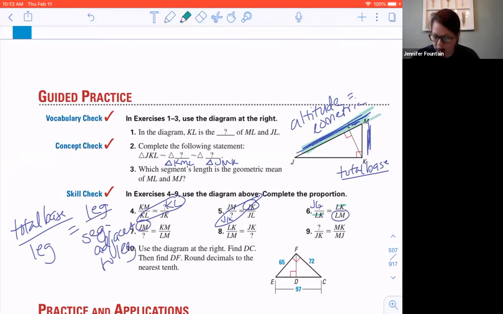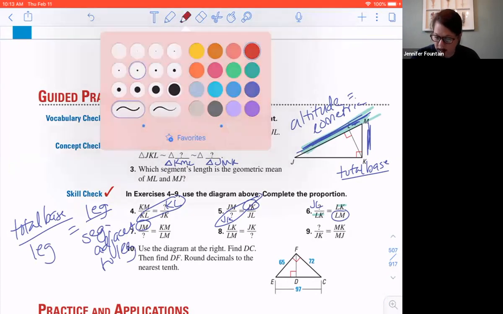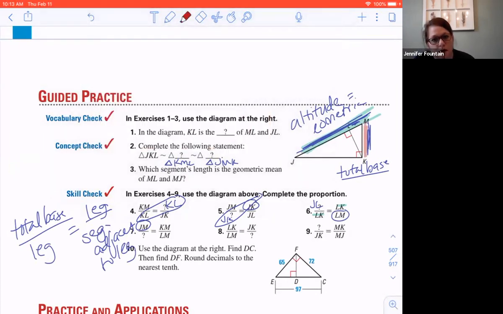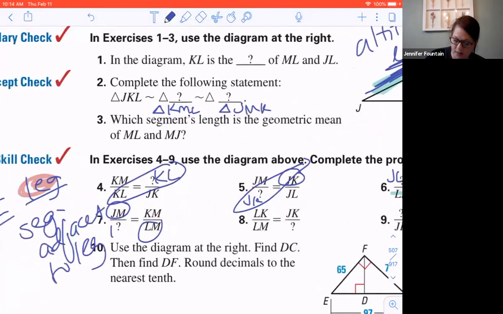And my total base, then the denominator is going to be my leg. And that's going to be equal to what? It's going to be the leg repeating, that KM. Remember, total base over leg is equal to leg over segment adjacent to it. They told me the segment adjacent to it by saying, hey, I've got LM, which is right here. So I have total base over leg is equal to leg over adjacent segment. So that's going to be KM.